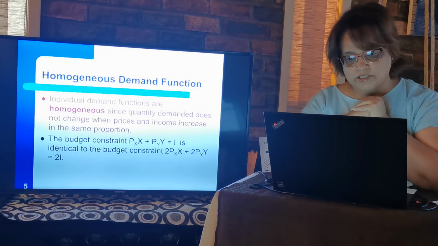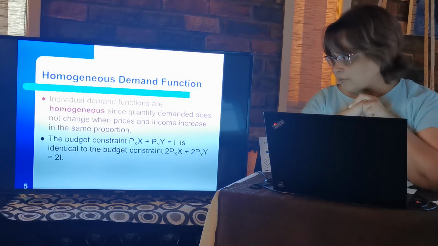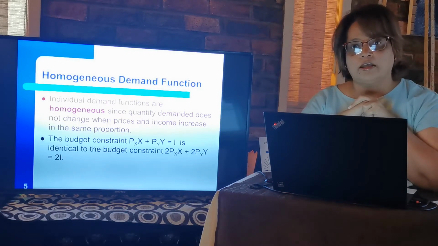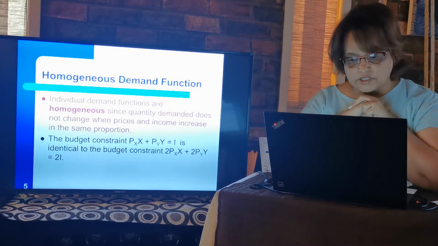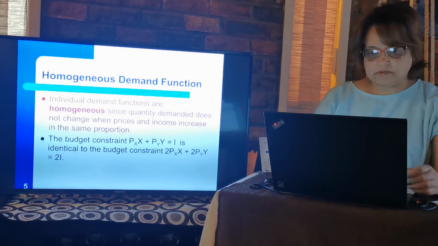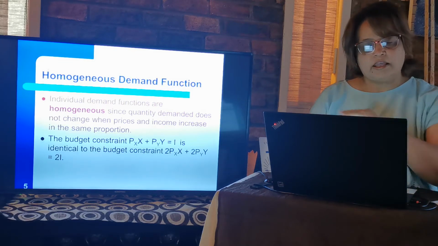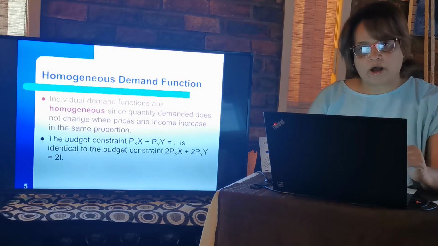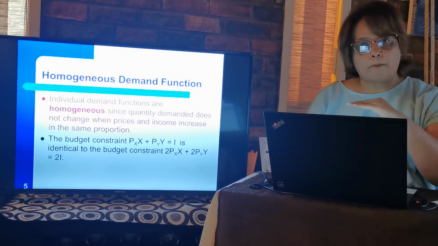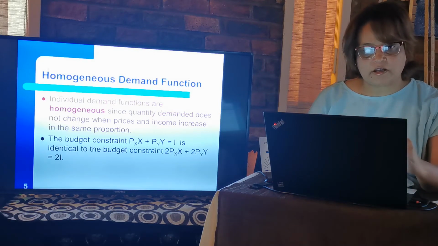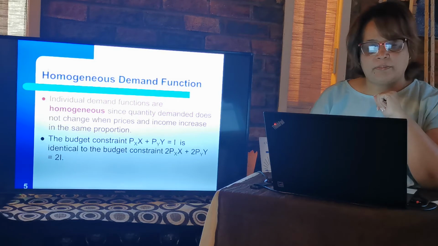And that is why we say the formula needs to be price of X plus price of Y equals your income, which is your budget line. Homogeneous: irrespective of how much you demand of a specific product, it will not be affected by price and income.